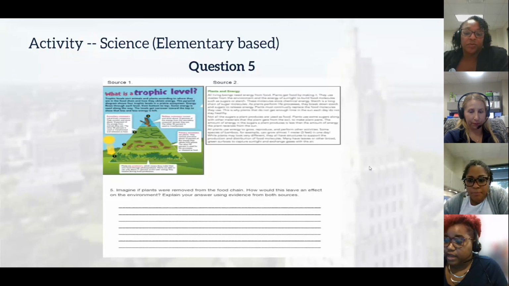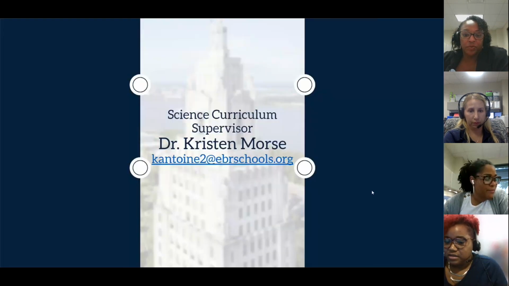I would lean more towards a 4 because they're not creating anything. But it said, imagine if the plants were removed from the food chain. So they actually are kind of creating their own food chain without plants and then explaining it. Right. They're not physically making.